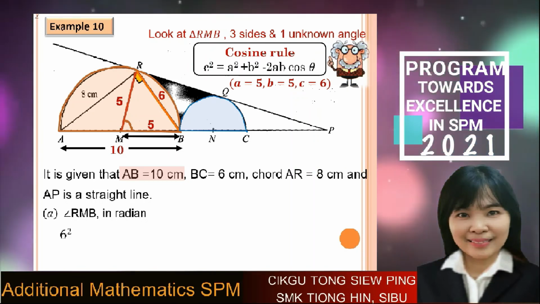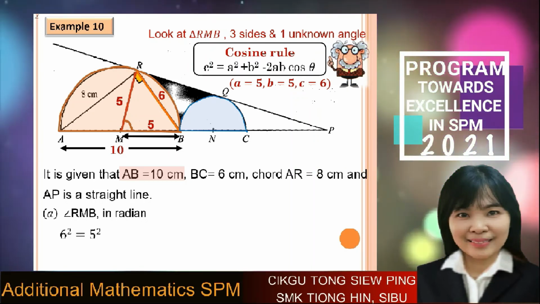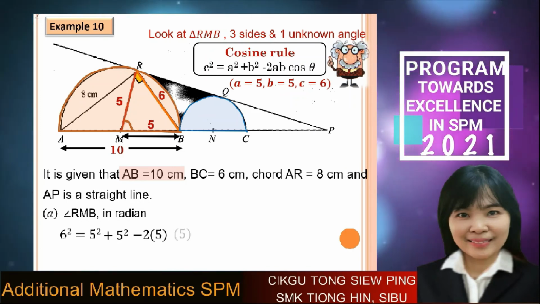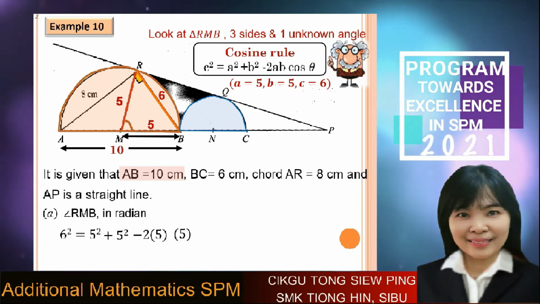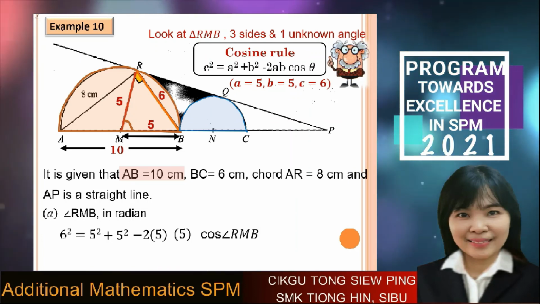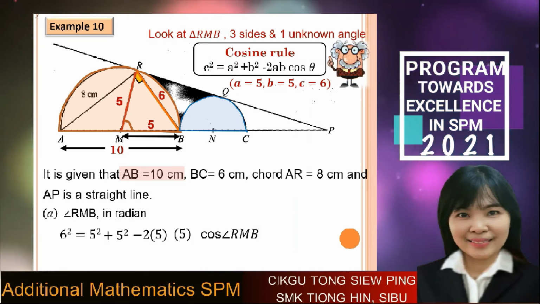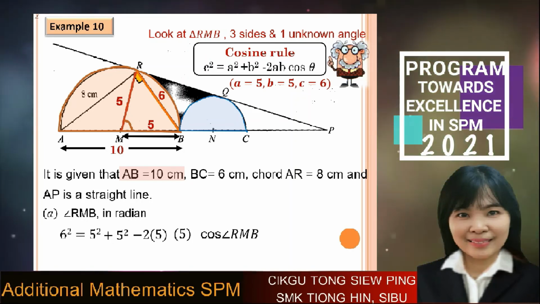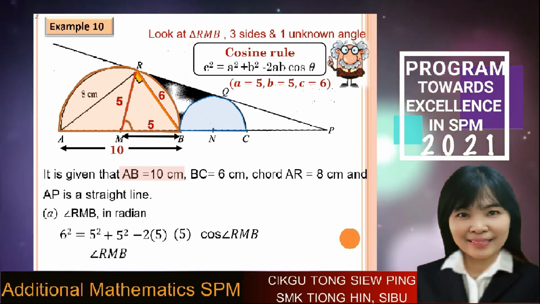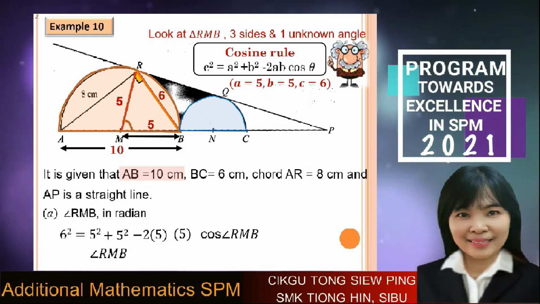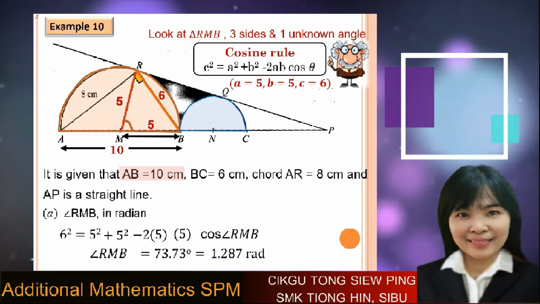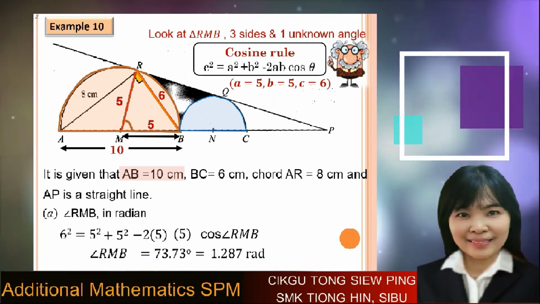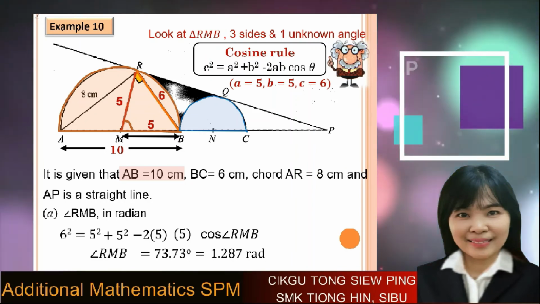We have 6 squared is equal to 5 squared plus 5 squared minus 2 multiplied with 5 and 5 and cos theta. That is angle RMB. Then do it carefully and you will get the answer. Angle RMB is equal to 73.73 degrees. That is equal to 1.287 radian.